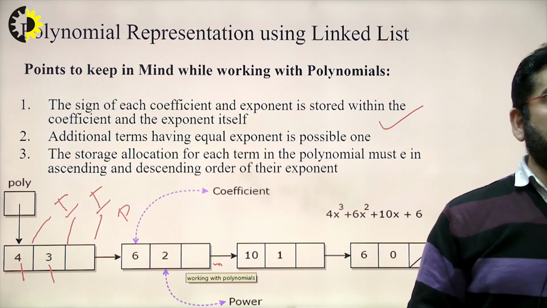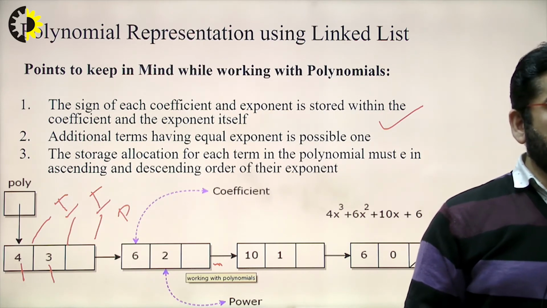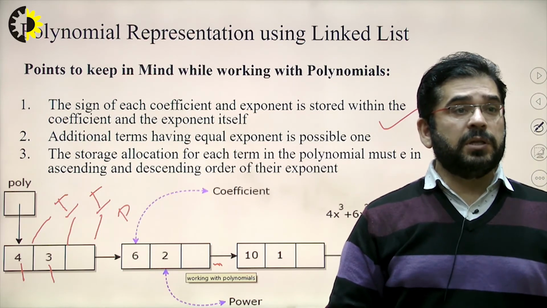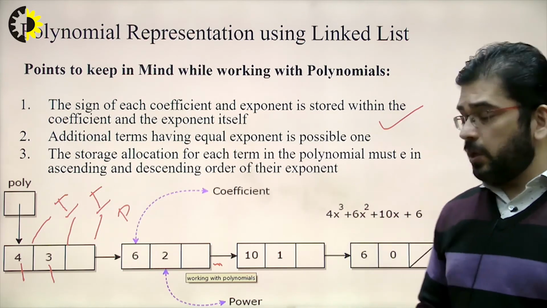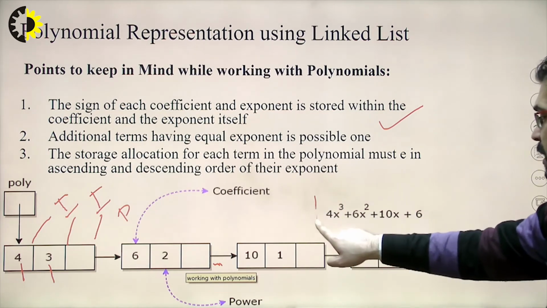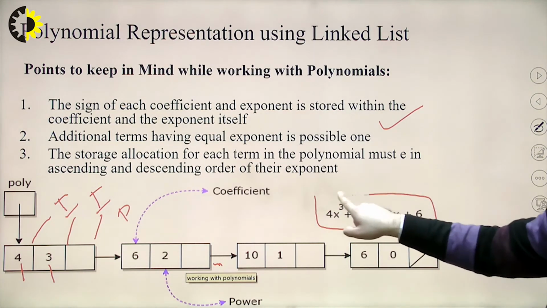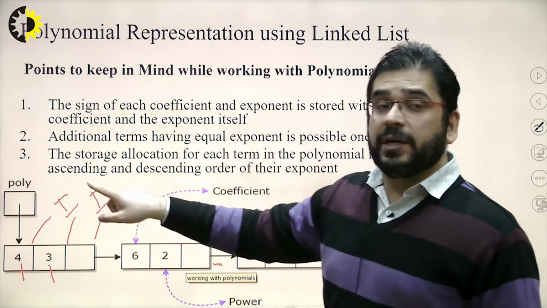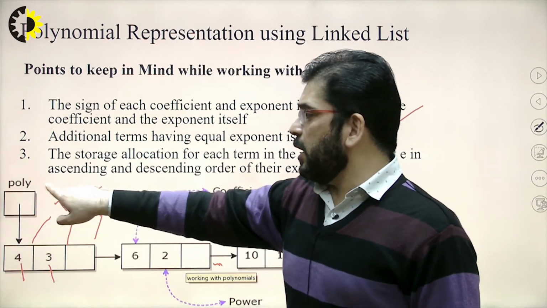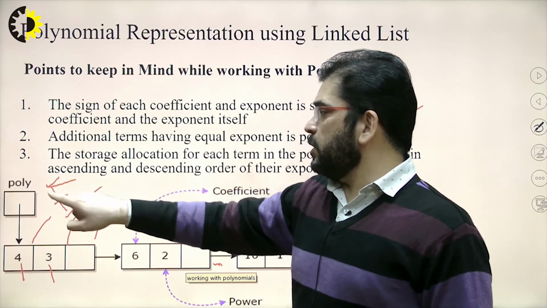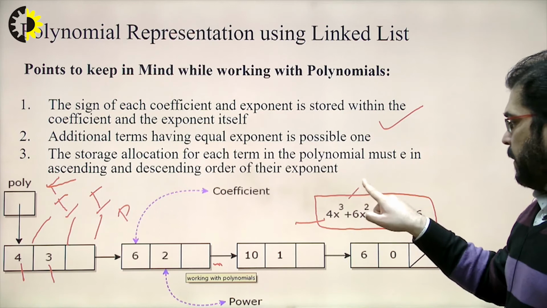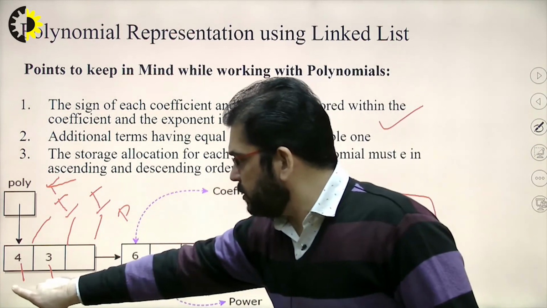Additional terms having equal exponent are also possible. So the storage allocation for each term in the polynomial must be in ascending or descending order of their exponent. So let us take this example. It is a polynomial equation 4x cube. Very first I have taken a starting pointer of the linked list. The name given is poly. This is the starting pointer. So here 4 and 3, both pieces of information are stored here.